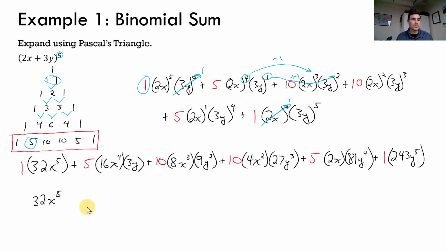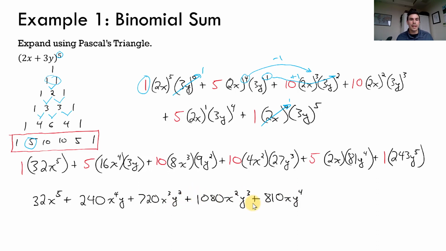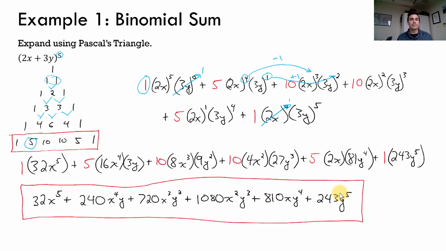So I'll have 32x to the 5th plus 240x to the 4th y plus 720x to the 3rd y squared plus 1080x squared y to the 3rd plus 810xy to the 4th plus 243y to the 5th. And that would be my fully expanded binomial.